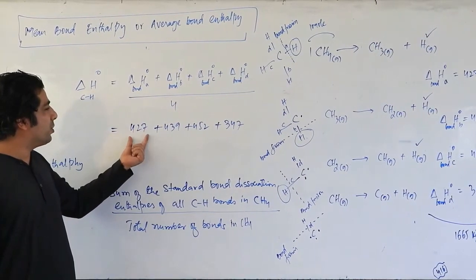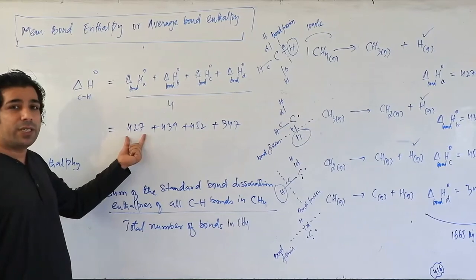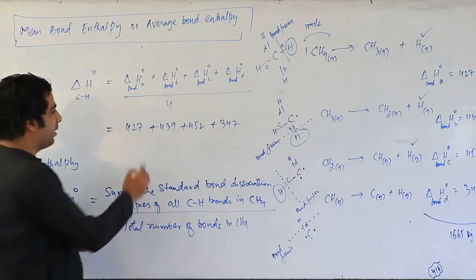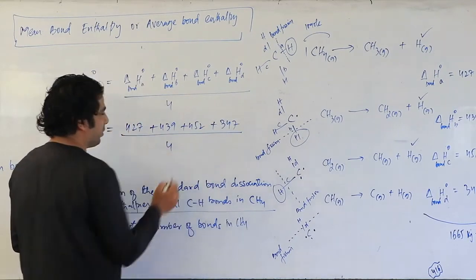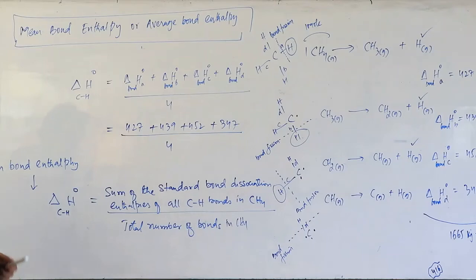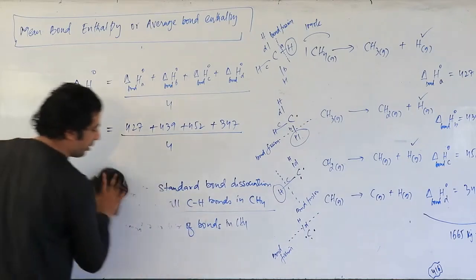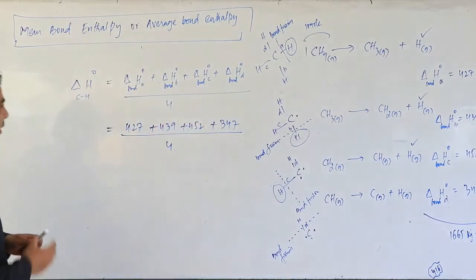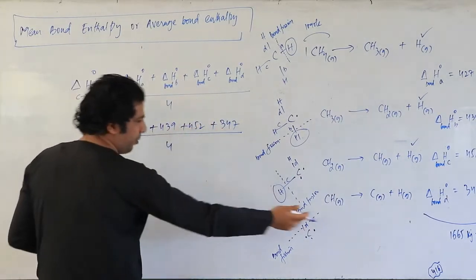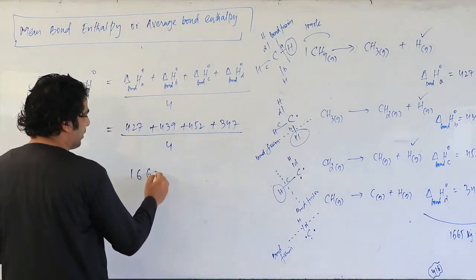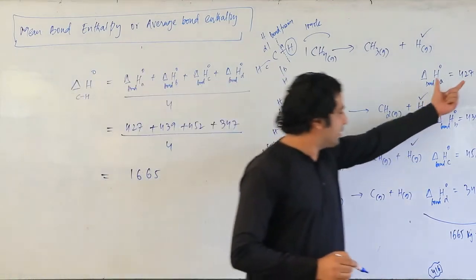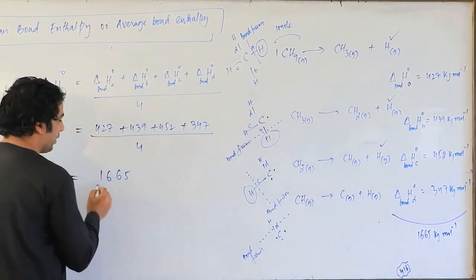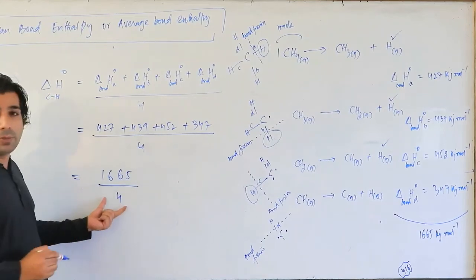This is the bond dissociation enthalpy for C-H bond A, this is for B, this is for C, this is for bond D. Divided by the total number of bonds, which is 4. If you take the sum of these energies, you will get 1665 kilojoules, divided by 4, the total number of bonds.